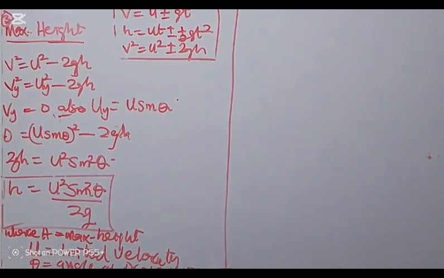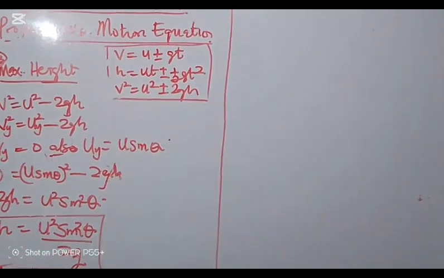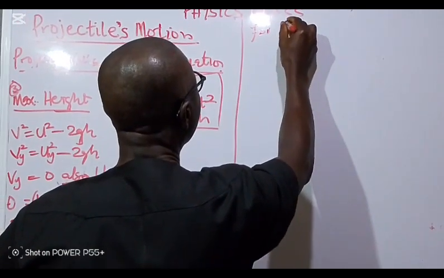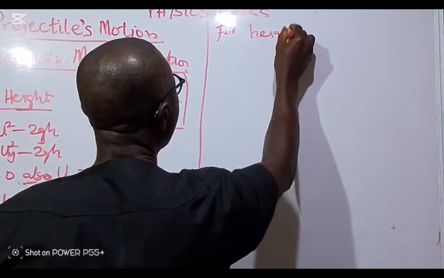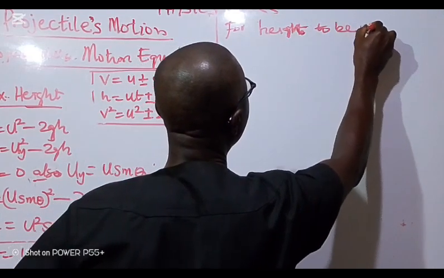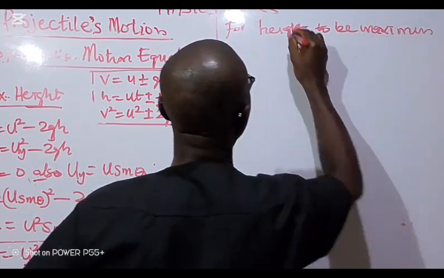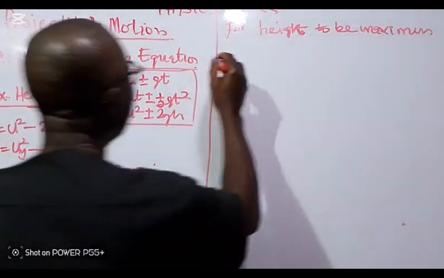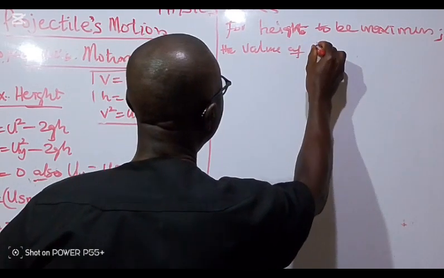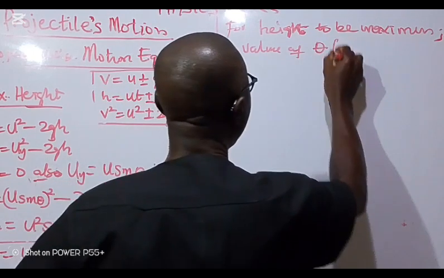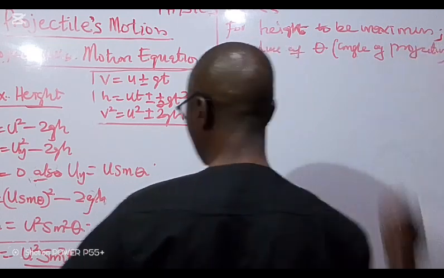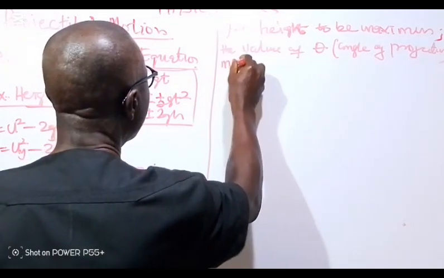Let's move further from this one now. For h, that is the height, to be maximum, the value of theta, that is the angle of projection, must be equal to 90 degrees.